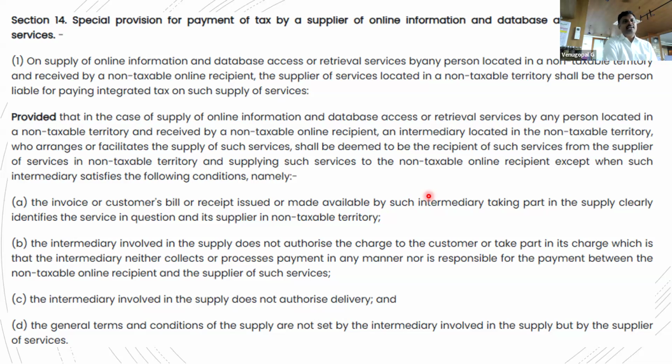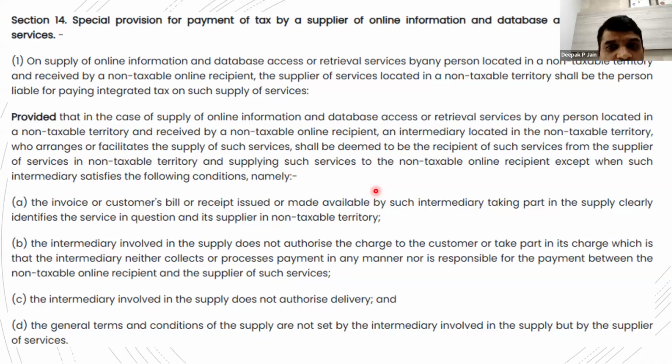For that matter, OIDAR in India is everyone, like even all these OTTs are also now OIDAR services. It's like any other service that is provided. Correct. From the taxability perspective, we are looking at the OIDAR supplier who is not in India, providing service to a non-taxable online recipient, which is like an unregistered person.